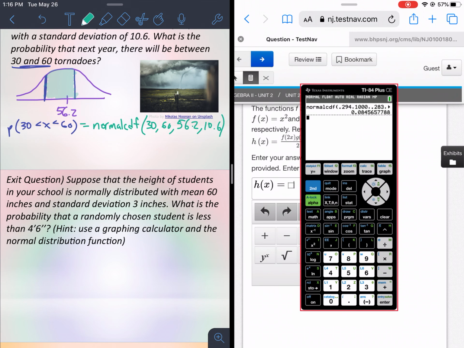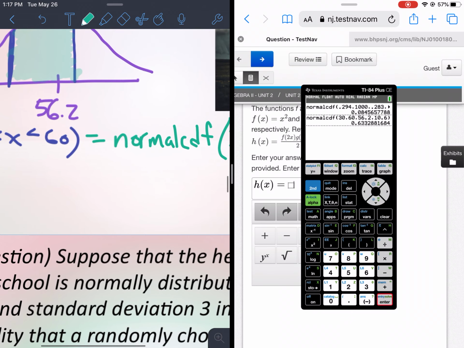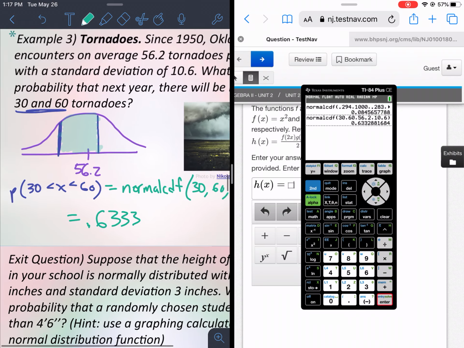And we're going to say second distributions, normal cumulative distribution from 30 to 60 with a mean of 56.2 and a standard deviation of 10.6. And so the answer would be 0.6333 because we're going to round that last number up.